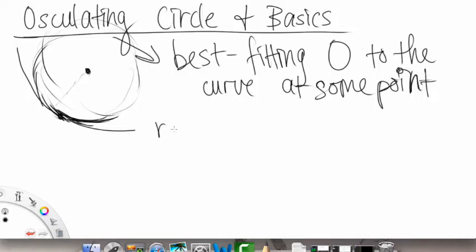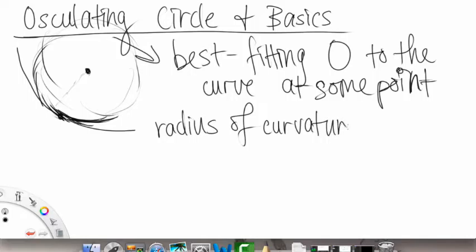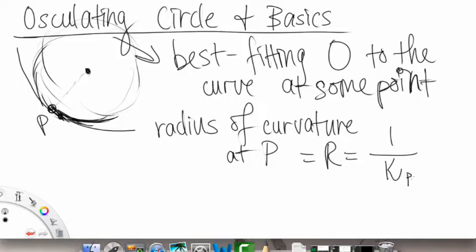So the radius of curvature at, we'll say, point P, is equal to R, we usually just say r for radius, and this is equal to 1 over the curvature at that point.